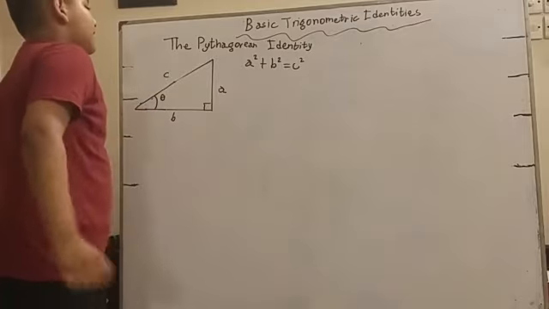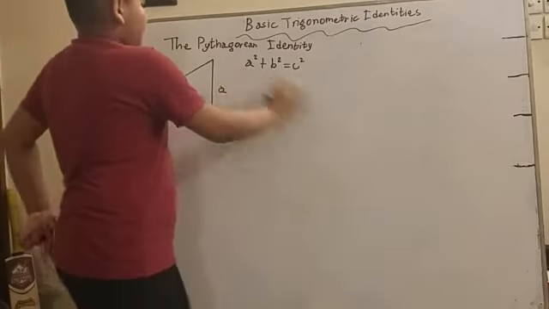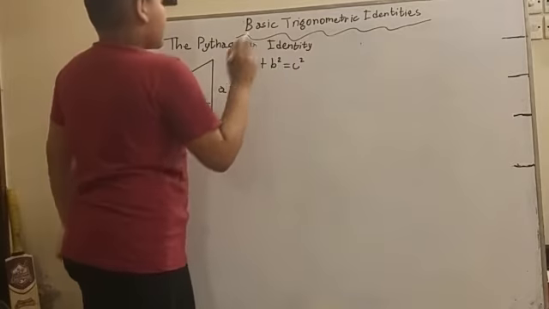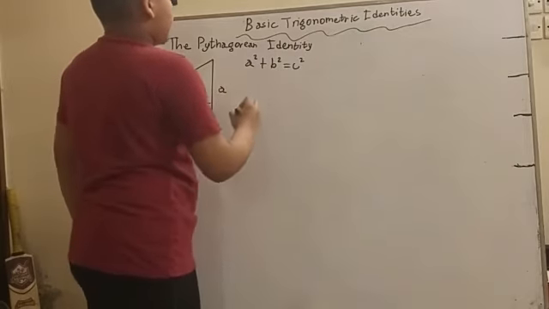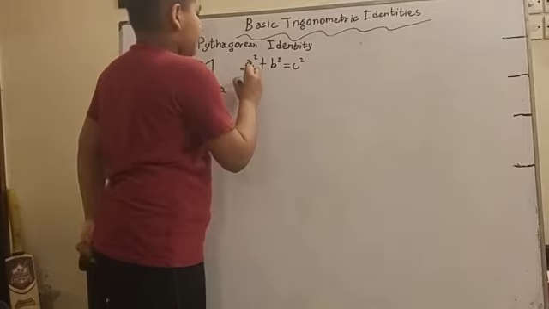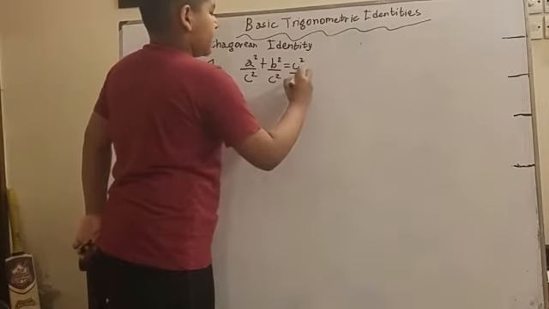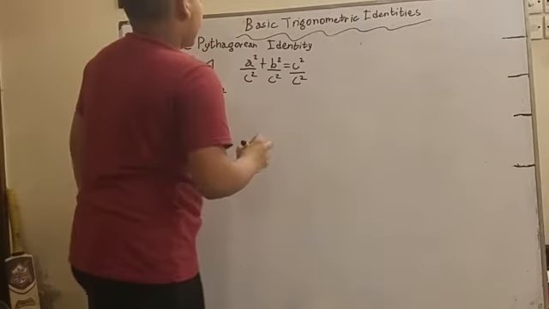So, as we can see from our Pythagorean Theorem video, a squared plus b squared equals c squared. Now, let's divide all of the sides by c squared.